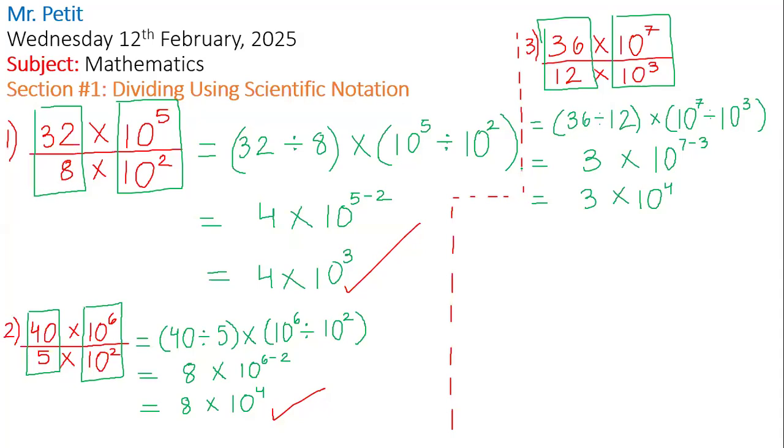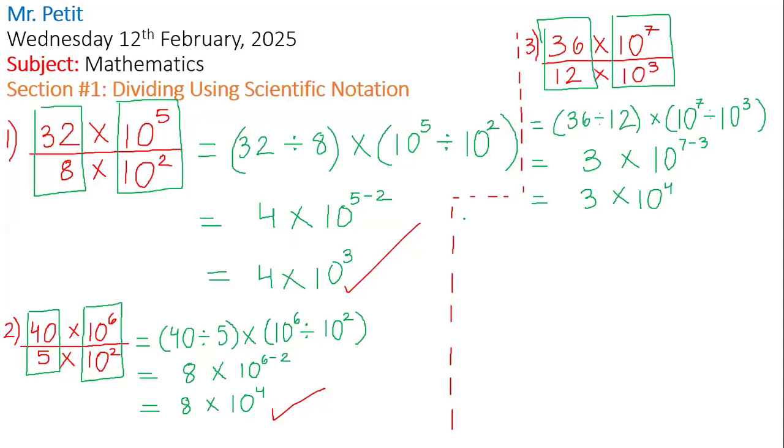Because the 3 is less than 10, between 1 and 10, and it's a real number. The base is 10, and 4 is an integer. All right, let's do one more and then we're going to move on from this.